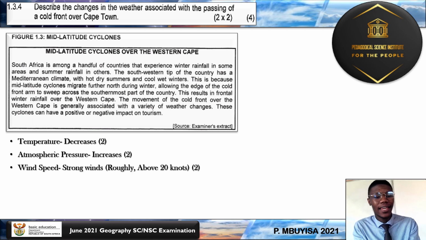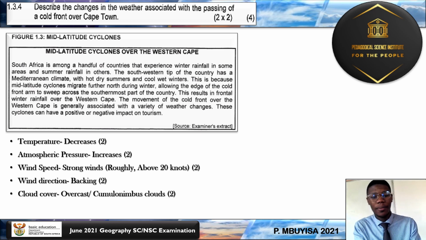And what happens to the wind speed? We're going to have strong winds, roughly winds that are above 20 knots. To avoid speculation, strong winds are usually characterized by that, and these winds are caused by the cumulonimbus clouds that will be there. The wind direction will change, and we call that backing.